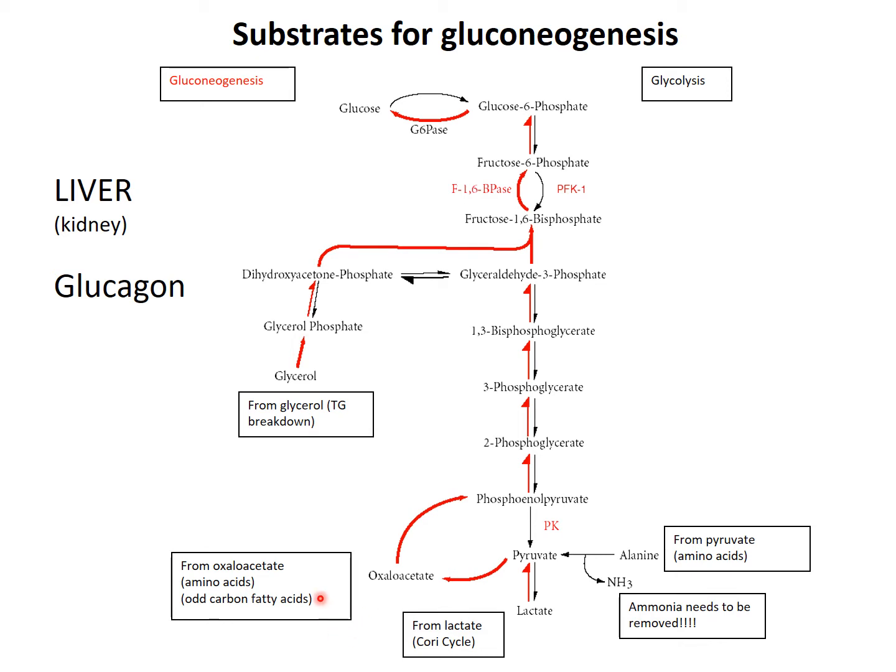One more thing, and I will revisit this later, is that there are molecules that can produce oxaloacetate directly, and then there are the odd carbon fatty acids that also can be turned into oxaloacetate. And the other important thing to remember, because now we start building how the different pathways within one cell can support each other, is that when gluconeogenesis is running, we need an energy source.